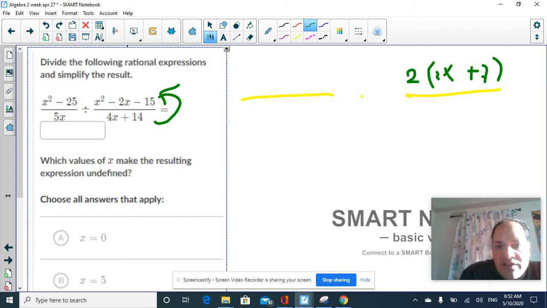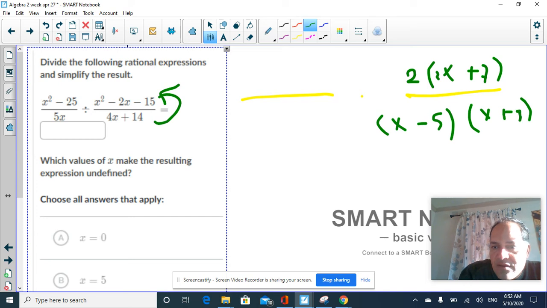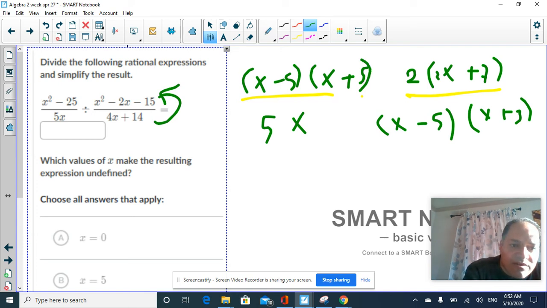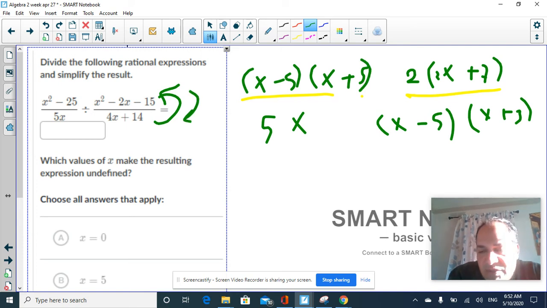The bottom will be the factor of the top, so it will be x and x. 15 is negative 5 and 3. And the first one is still the same, so 5x and (x minus 5)(x plus 5). Okay, so we just multiply and flip the second part. The top will be the bottom, bottom will be the top.